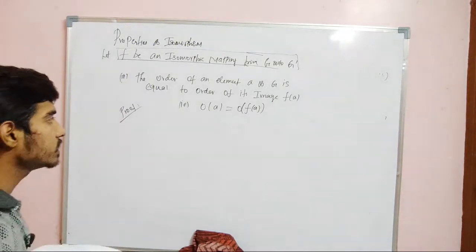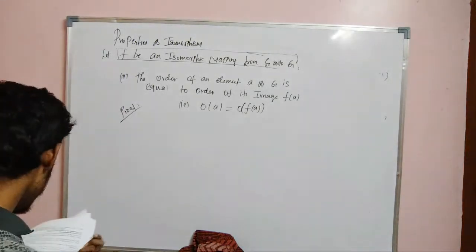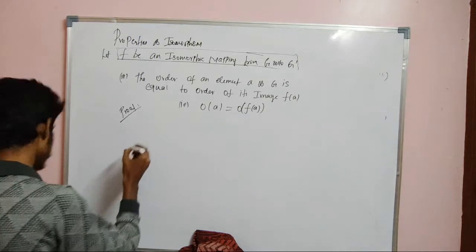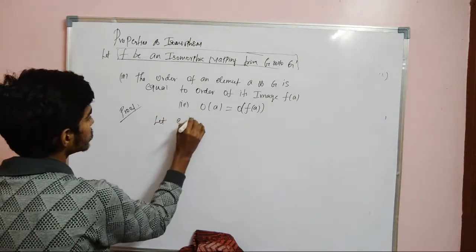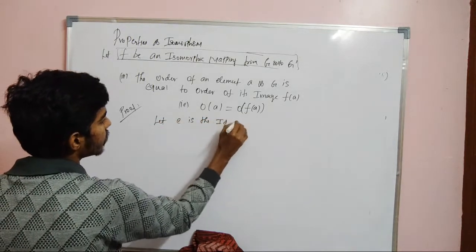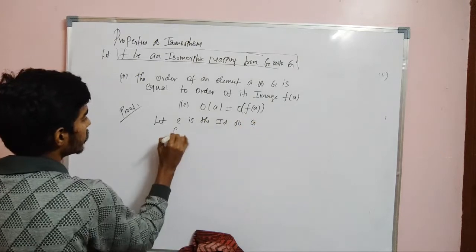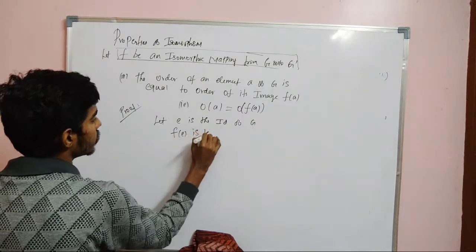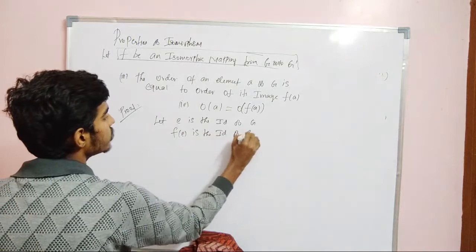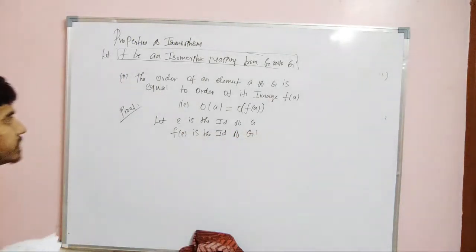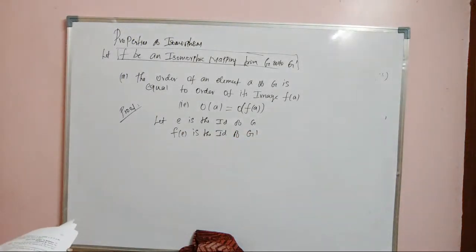We need to show that order of a is order of f of a. So let e be the identity of G. f of e is the identity of G dash.